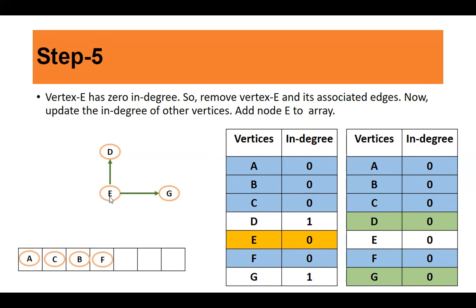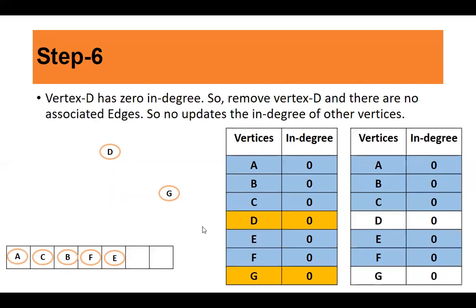If you remove E, the in degree of D will reduce by 1 and the in degree of G will also reduce by 1, because there are incoming arrows. And E will be added to this array. So if you select E, D's in degree, which is 1, now becomes 0. G's in degree, which is 1, also becomes 0. And E is added to the array.